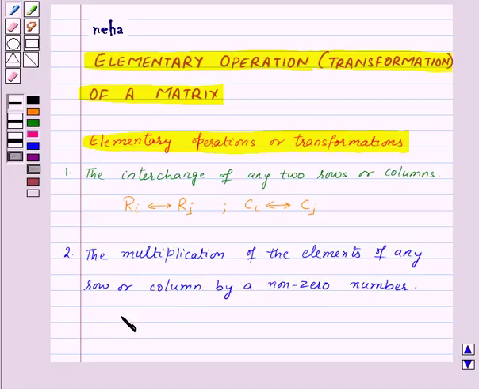Symbolically, the multiplication of each element of ith row by a non-zero number k will be given as Ri changes to k into Ri. Similarly, the multiplication of a non-zero number k with ith column will be given as Ci changes to k into Ci.